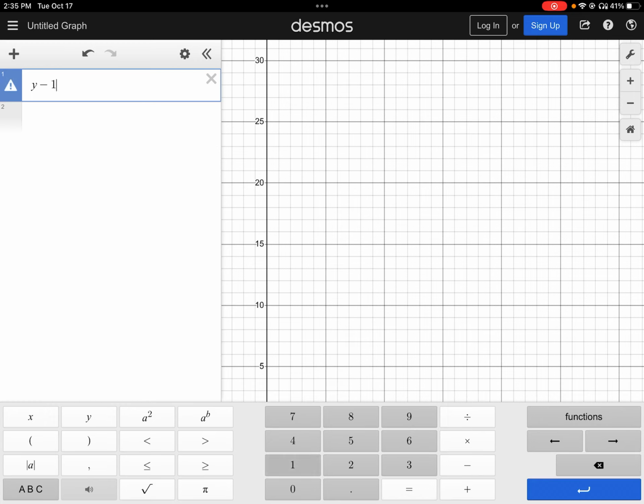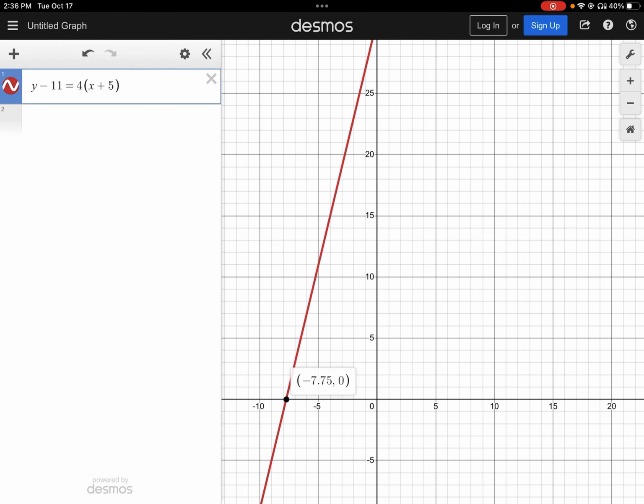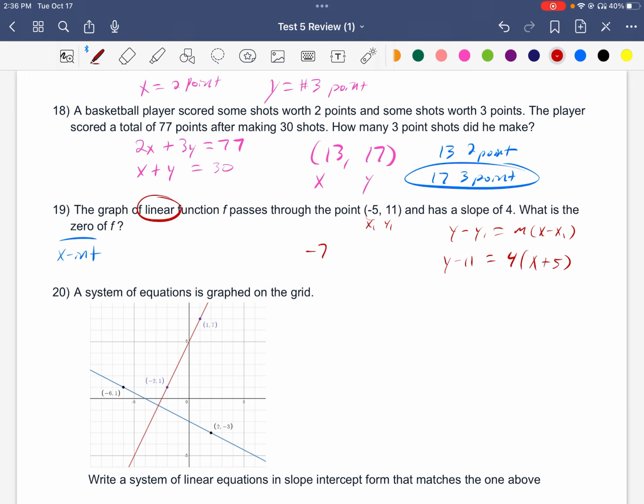Y minus 11 equals 4 parentheses x plus 5. Okay, so once you type it in Desmos, if you know what you're looking for, there's our x-intercept. That's all it was asking for, was the 0. So negative 7.75. That's probably the most efficient way to do that. There's a lot of other ways you could have done it, but that's kind of what I would do. That's my advice.